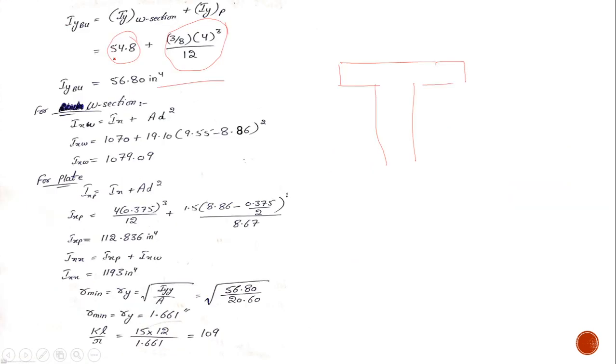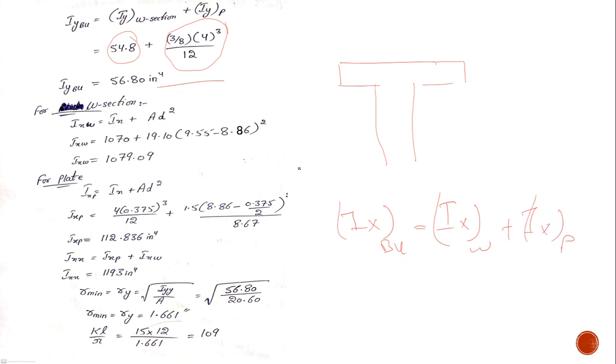Okay, so the thing is, I have just calculated the neutral axis, but I haven't calculated this Ix yet. So let me find it now. It should be noted that Ix of this built up section would be equal to Ix of W section plus Ix of plate.